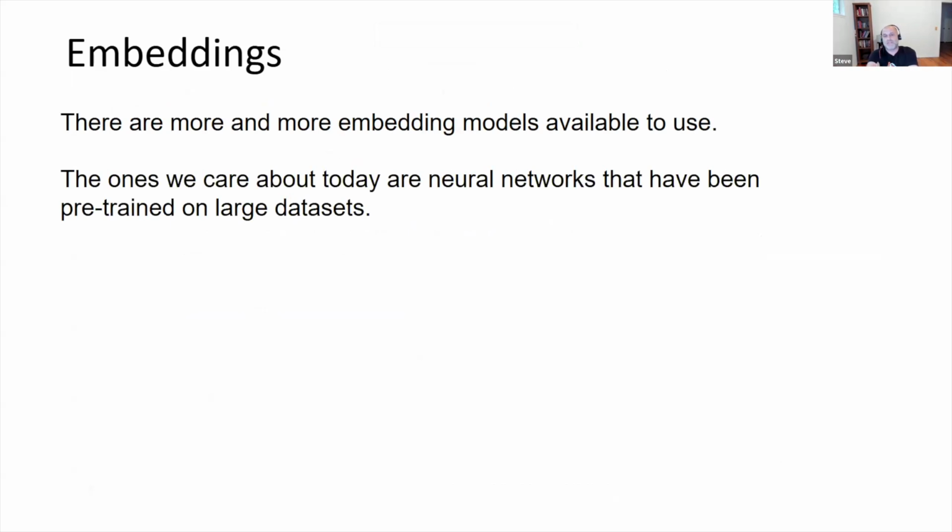So the ones that we care about today for this talk are pre-trained on large data sets, and they're called foundational models, right? So Clay or Earth Genome Project, if you've been doing any remote sensing data, those are foundational models. They went out and trained their big model on a lot of information.